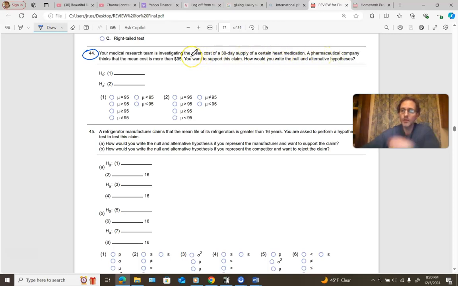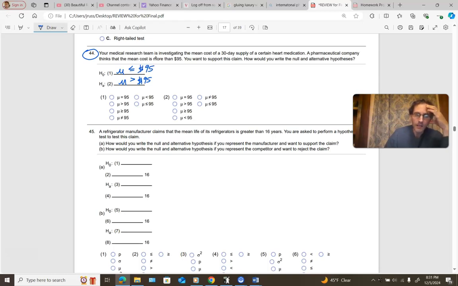Well, guys, you got to remember that the equality part is contained in your null hypothesis. So the claim is that the mean cost is strictly more than $95. So my alternative would be that mu is strictly greater than $95, and my null hypothesis would be that mu is less than or equal to $95.